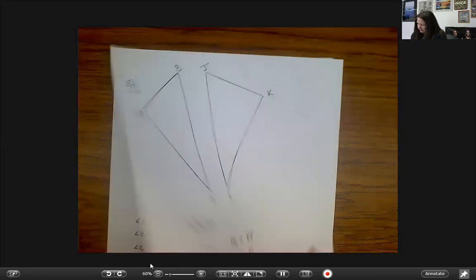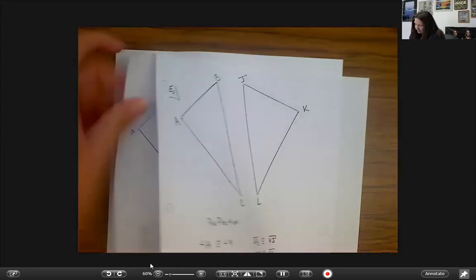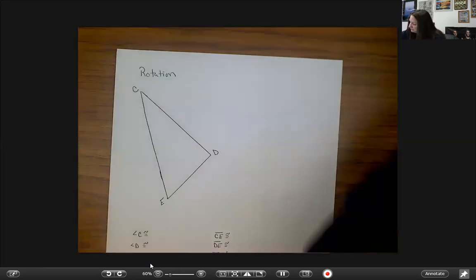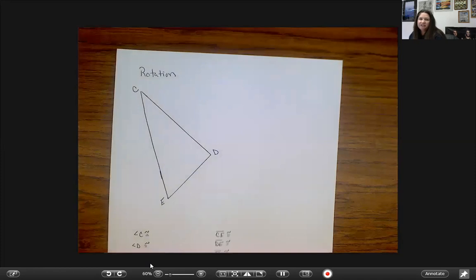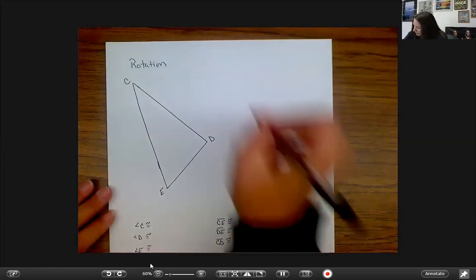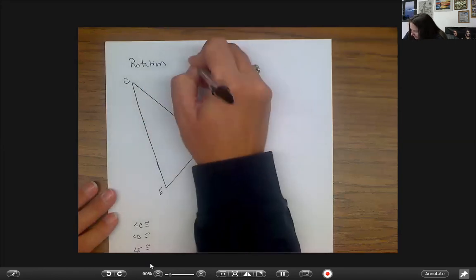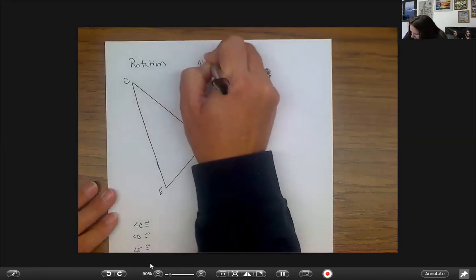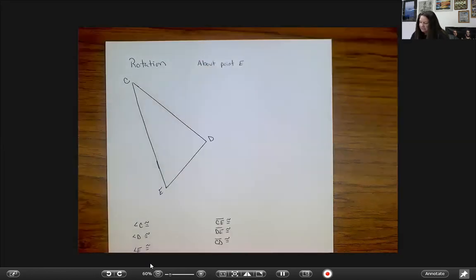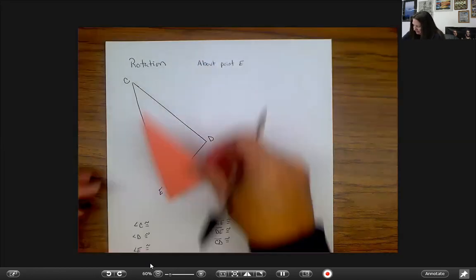And then the same thing would occur if we were going to complete a rotation this time. And this time I'm going to do my rotation about point E. I'm going to make E my center point of rotation.